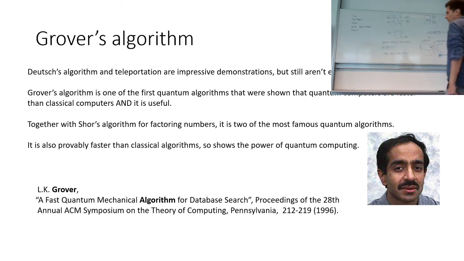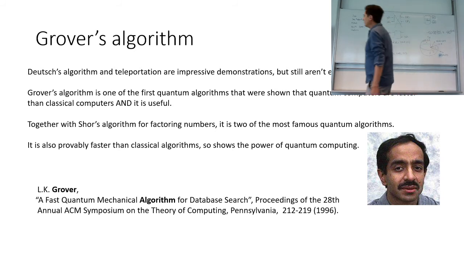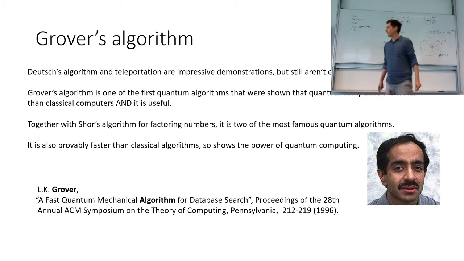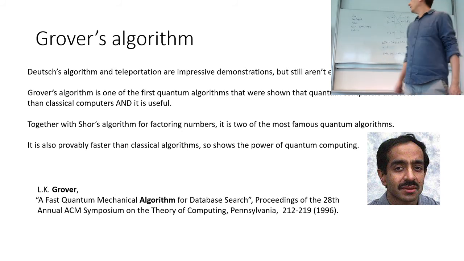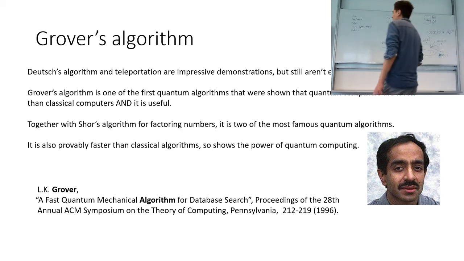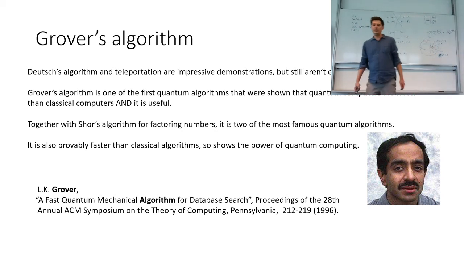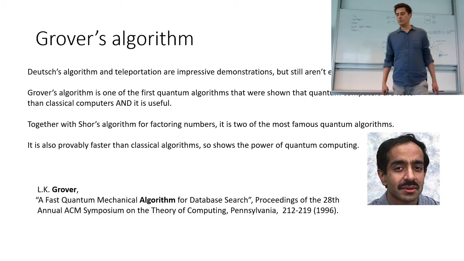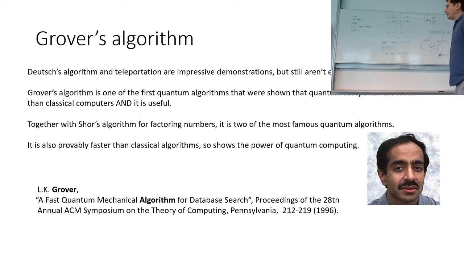Shor's algorithm was 1994, I think. So a couple of years later, Grover came up with this algorithm, which showed also that quantum computers can do this search task much faster than classical algorithms.